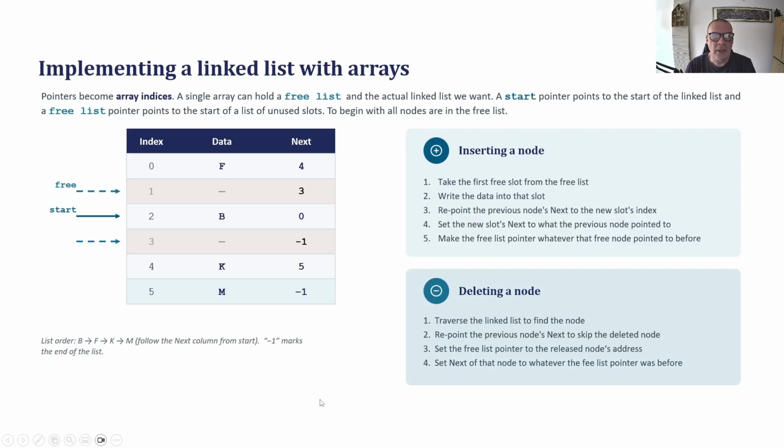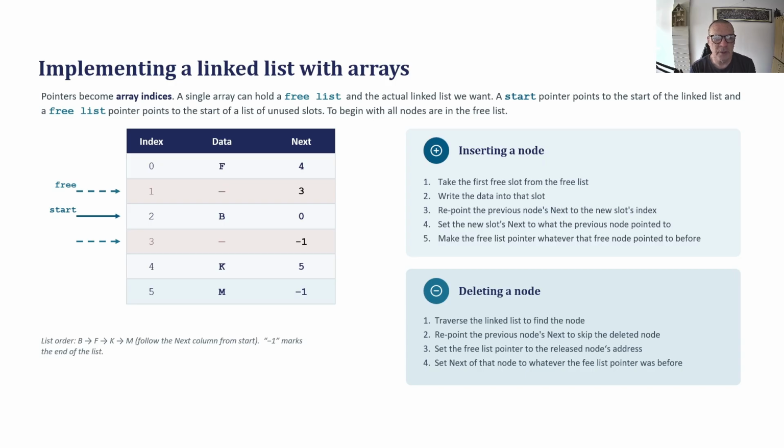All right, let's take a look at how we can implement a linked list with arrays. So our pointers in our nodes are now effectively just array indices. And in an array, we can hold more than one list at a time. So in this example, what we're doing is we're storing a free list, which is a list of all the nodes that are available to use, and the actual linked list itself. So we have a couple of pointers.